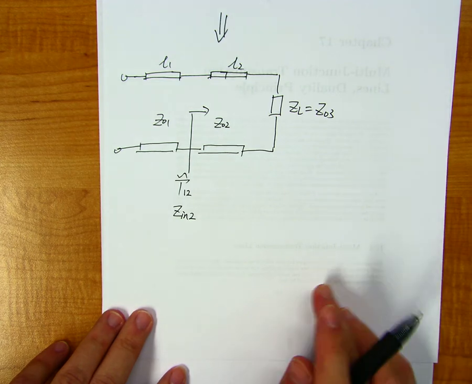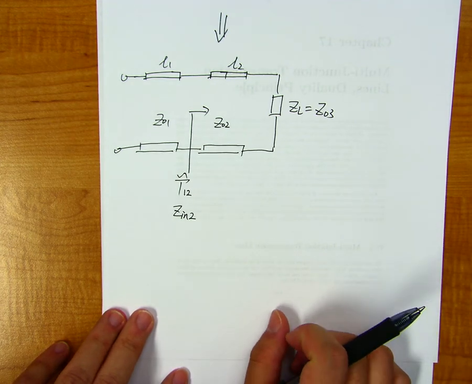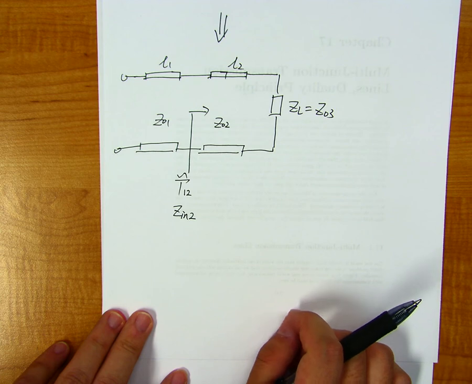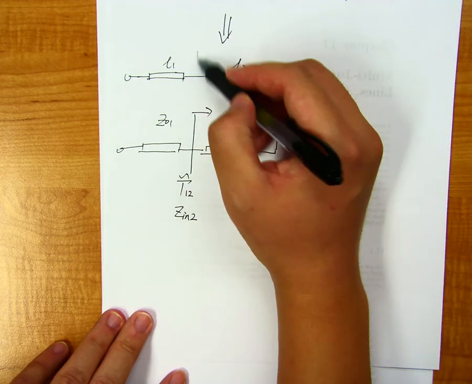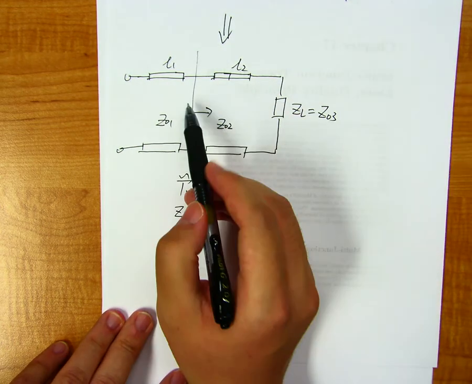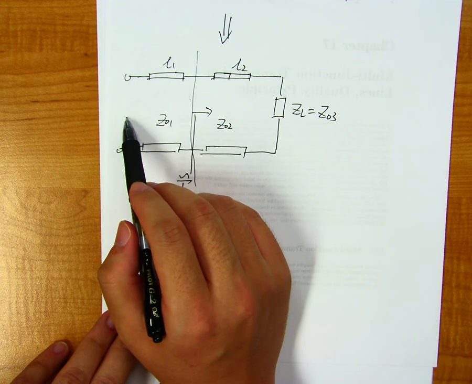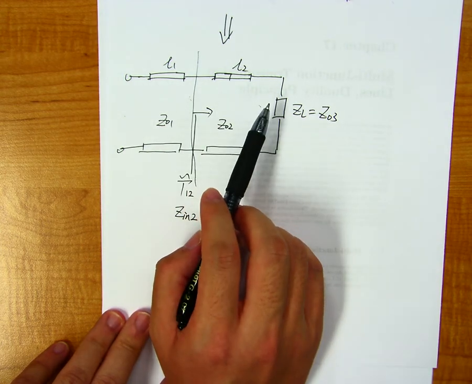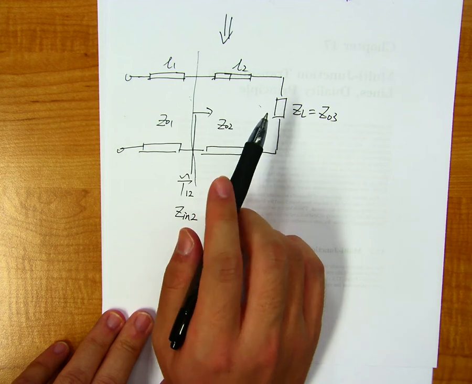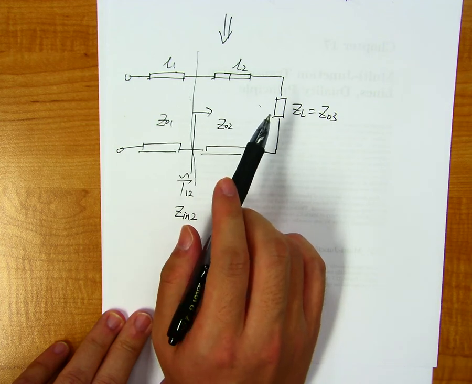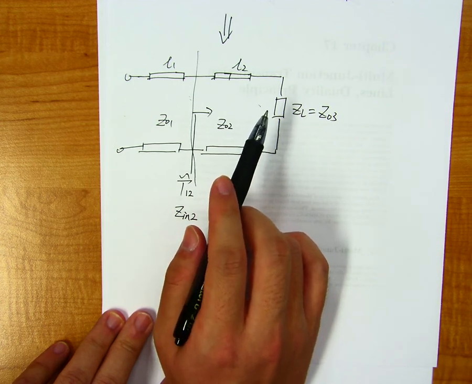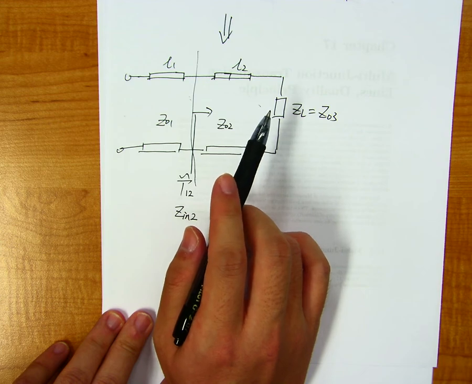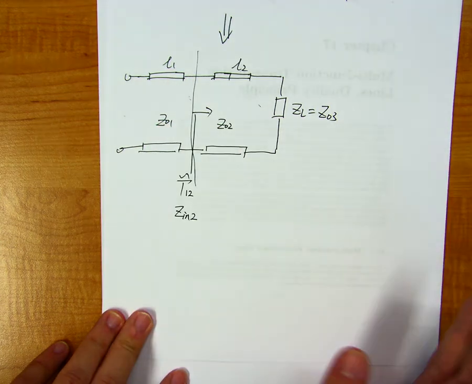Any ideas? Yeah. Use the general expression to calculate them. Right, because if we just look to the right, the equivalent circuit has nothing to do with its left, right? So the right-hand side part is just a transmission line with a termination. Okay, so again we can find the input impedance and the reflection coefficient for the right-hand side part.